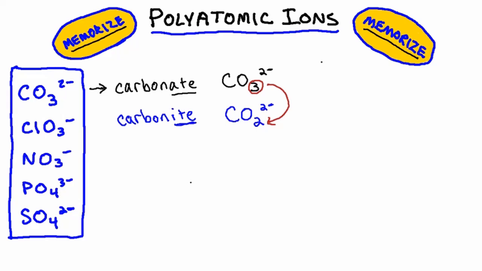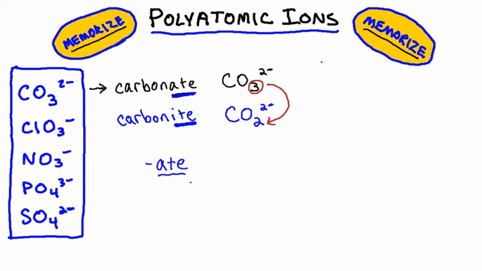Ite. So if it's carbonite, it's still joined to oxygen, but it's joined to less oxygen than it is in carbonate. Carbonate, it gets 3 atoms of oxygen. Carbonite, it only gets 2 atoms of oxygen. So the rule is that ate is kind of the standard.